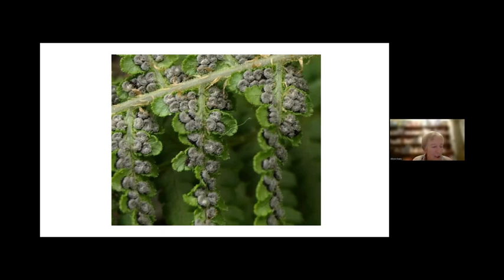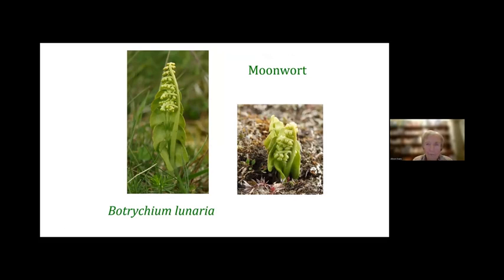So that's Dryopteris submontana. And the other thing that we quite often find growing in the turf near to limestone pavements are moonworts. The subject of lots of folklore of what moonworts are supposed to be able to do.